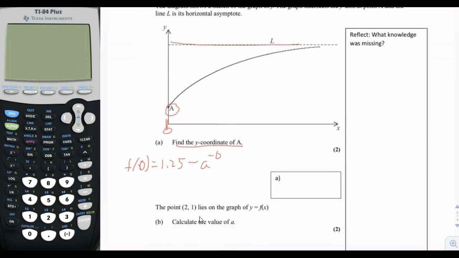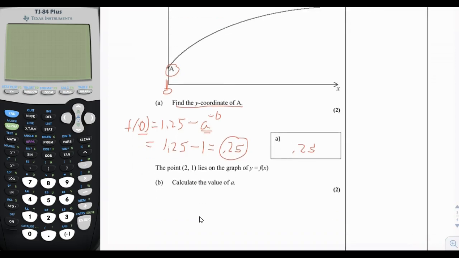What is any number to the 0 power? It's equal to 1. So 1.25, even though we don't know what a is, we know that whatever number it is, to the 0 power, it's 1. So f of 0 is equal to 0.25. Okay, so the y-coordinate of A is 0.25.